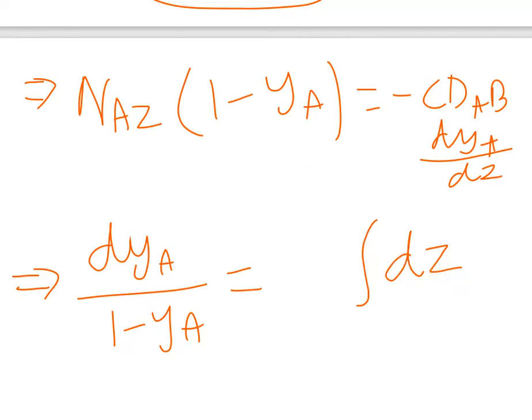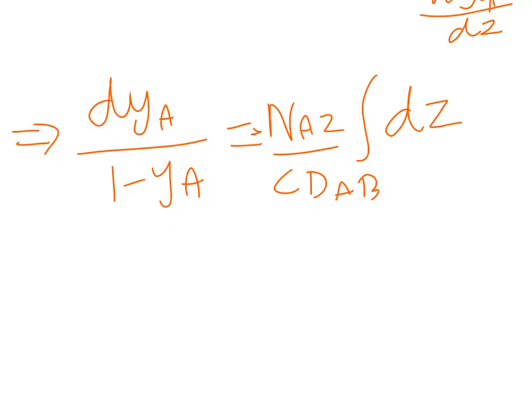So what else do we have now here? NAZ over C DAB, and we have a minus sign here. Now we need to integrate.